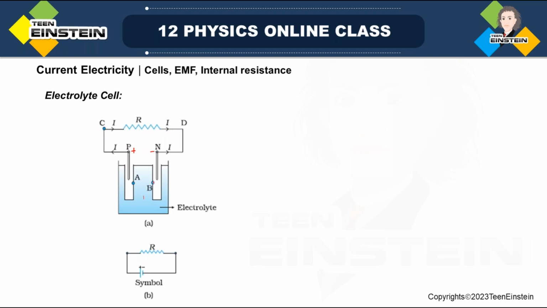So take the points A and B in the electrolyte. The potential difference between A and B, VA and VB, we had seen yesterday.